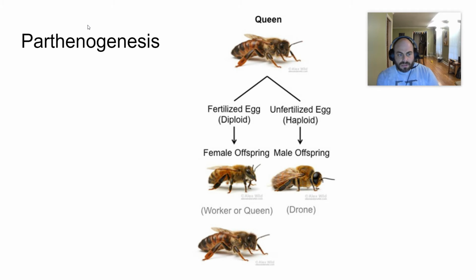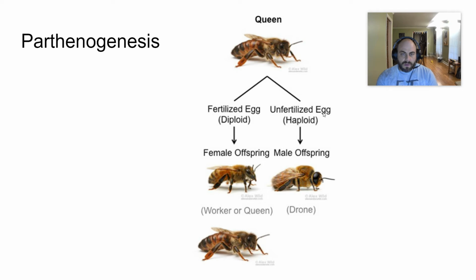Another variation of this is something called parthenogenesis. The root word there is virgin birth. And so this is the idea that an organism develops without the process of fertilization. And you see this with bees. So a queen's fertilized eggs make female offspring that are diploid, but the queen's unfertilized eggs can also grow into male offspring that are haploid.